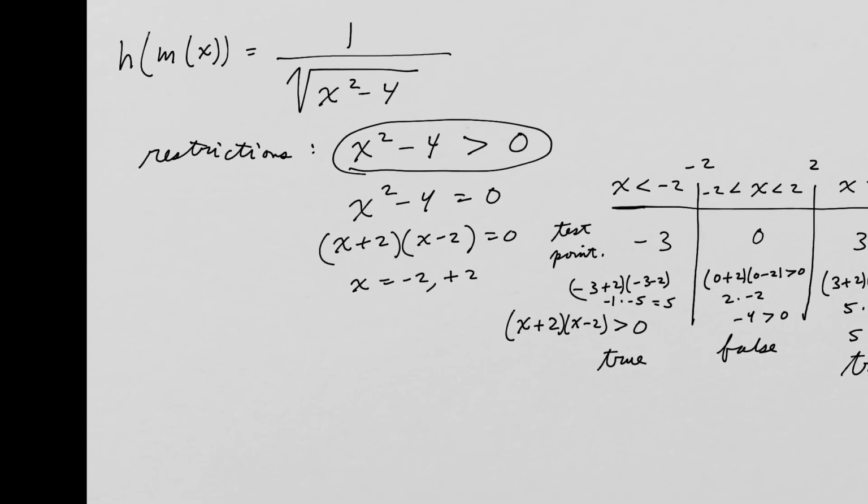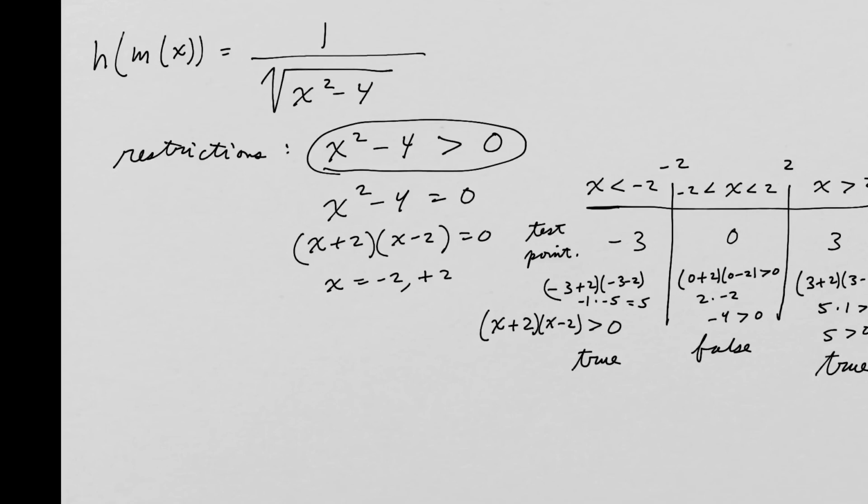Okay, so if you go back to our composition here, h of m of x, the domain is going to be where x is less than negative 2 and where x is greater than positive 2.